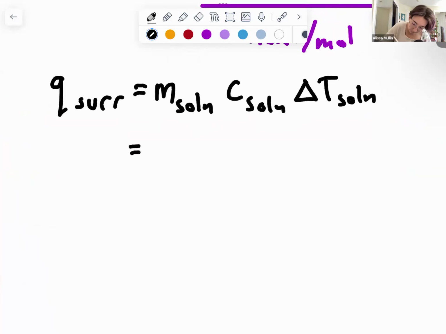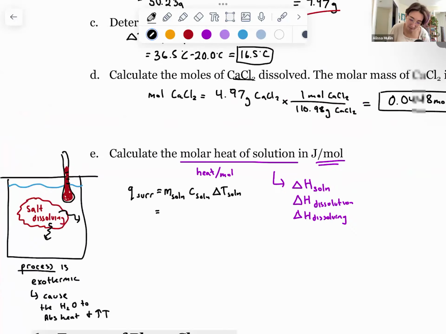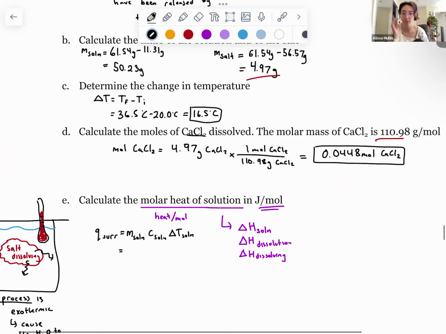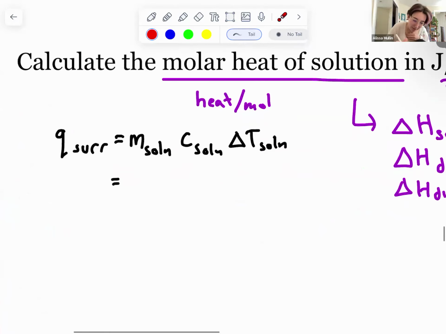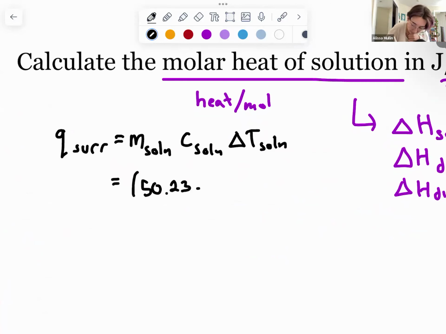There are a few tricky things, like figuring out what you're plugging in for mass. We are going to plug in the mass of the solution, because that is the total mass of the matter that is absorbing this heat. So you're going to be using 50.23 grams.